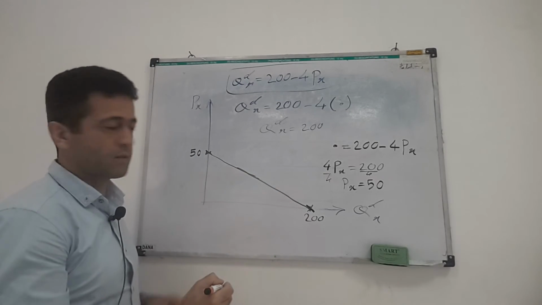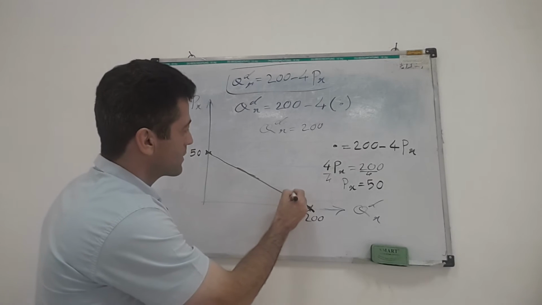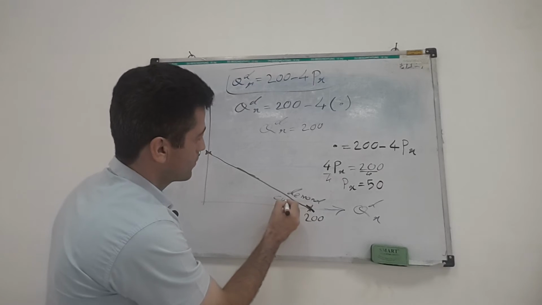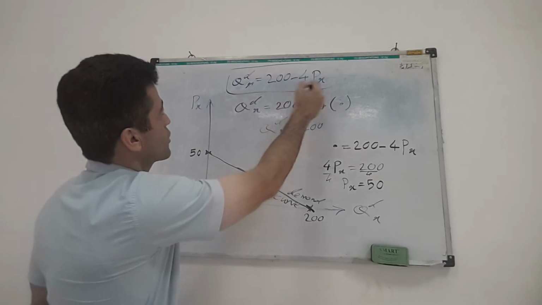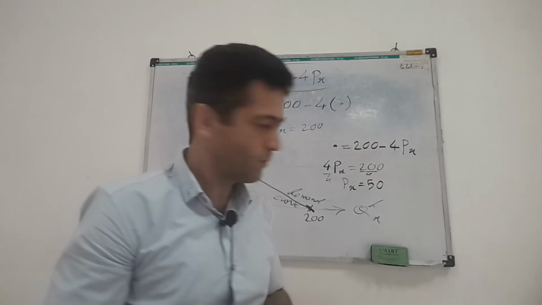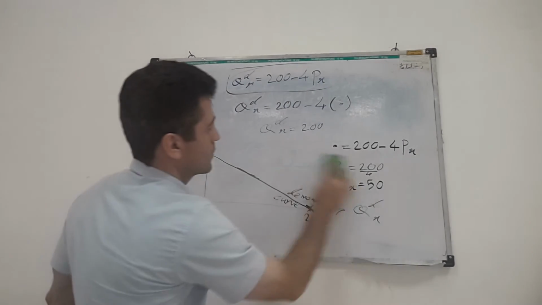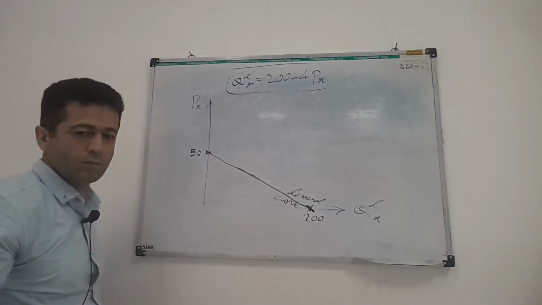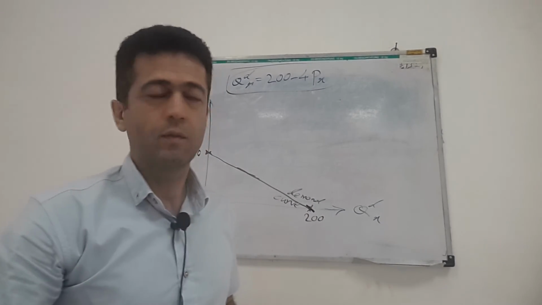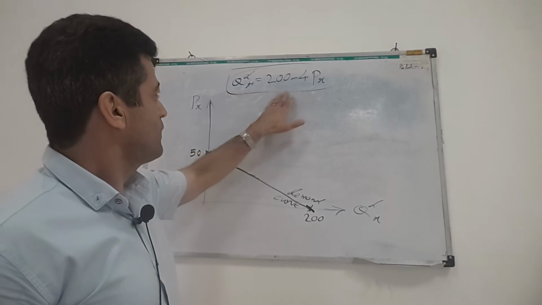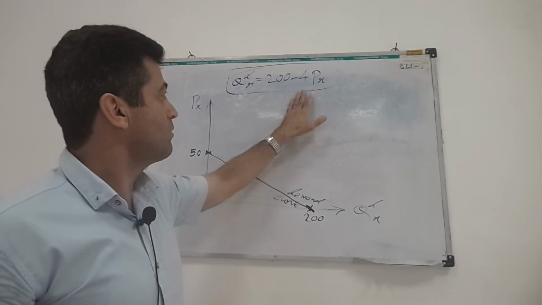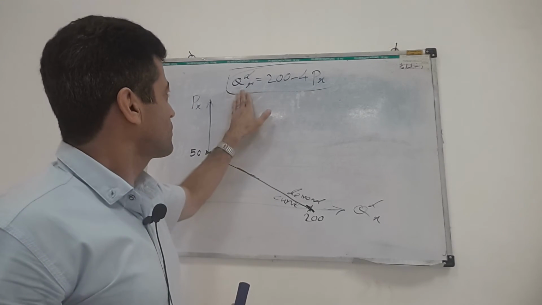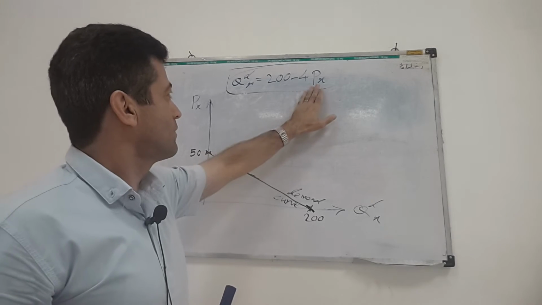This line, this black line, shows the demand curve for this equation. With this equation, we can find other amounts of quantity for different prices of X.